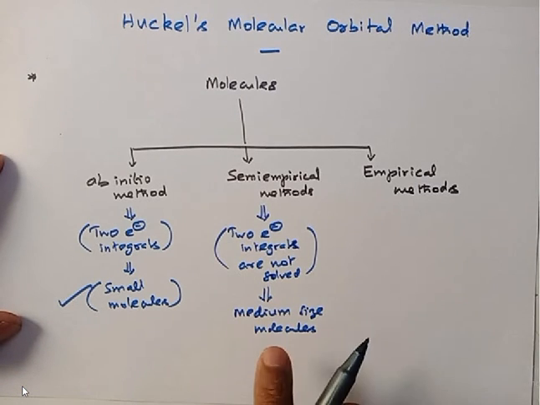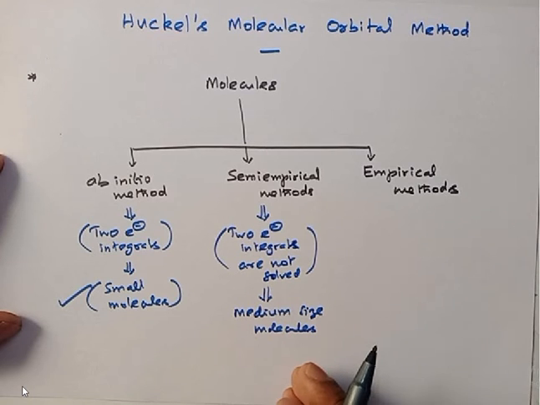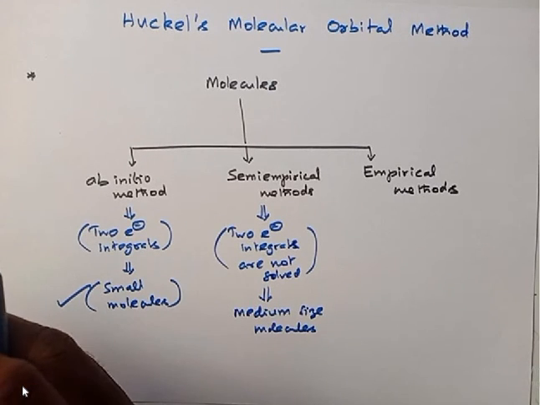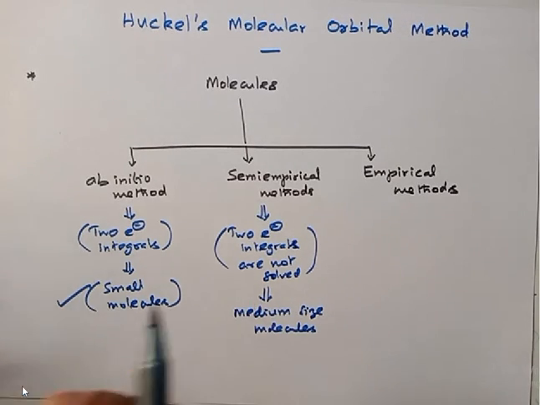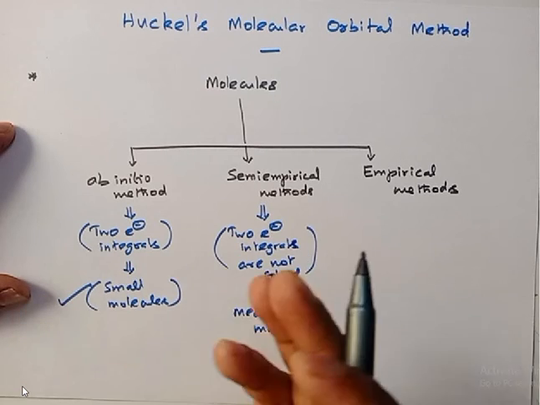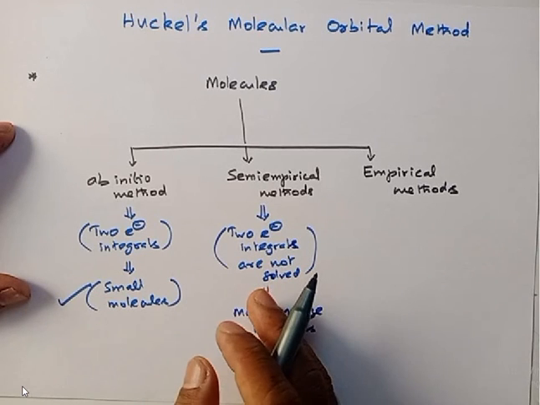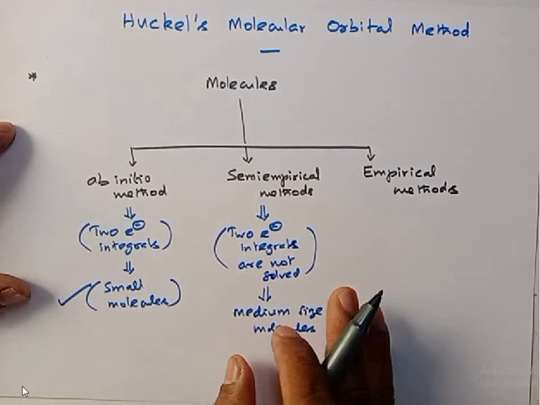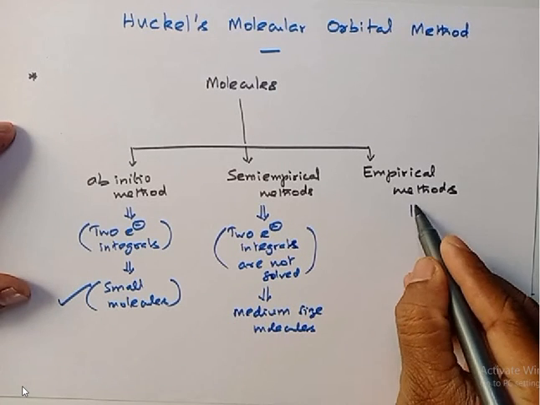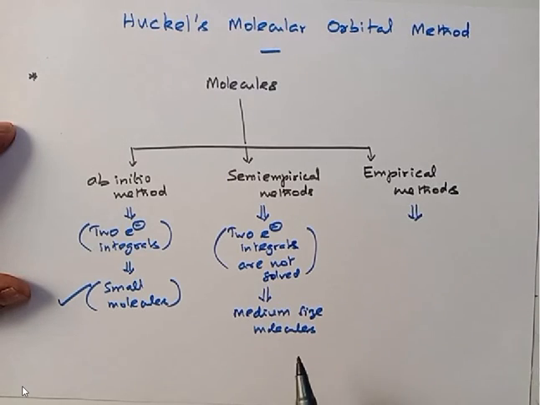Then suppose if the molecules are very large, for example a polymer, a protein, or a nucleic acid, molecules which involve a lot of nuclei, a lot of electrons, many integrals, for those molecules we cannot use quantum mechanical techniques.